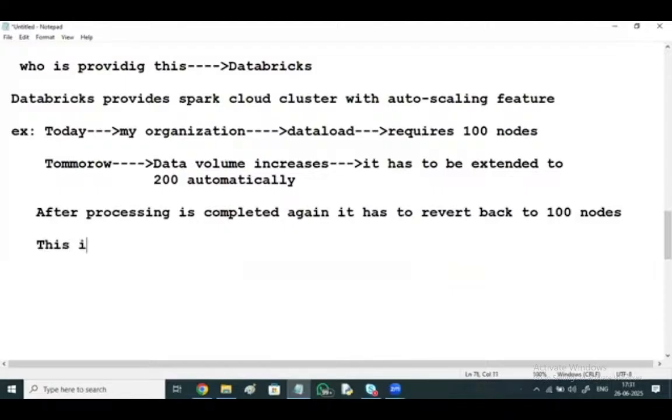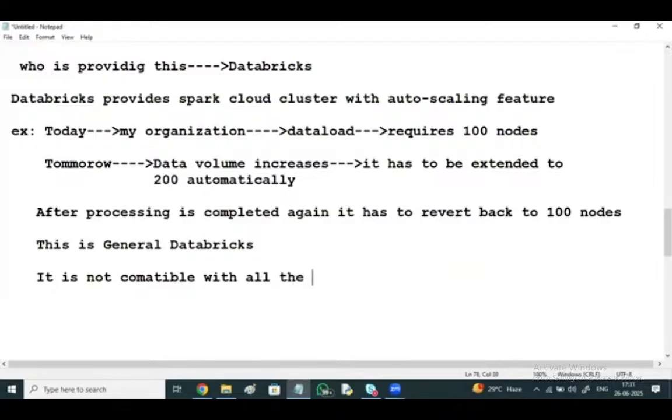This is general Databricks. It is not compatible with all the Azure storage services.